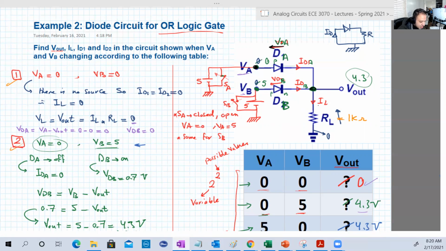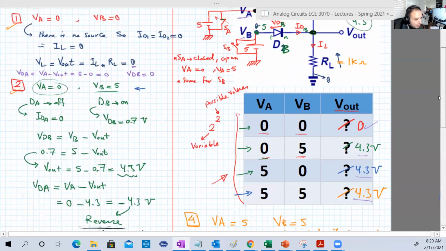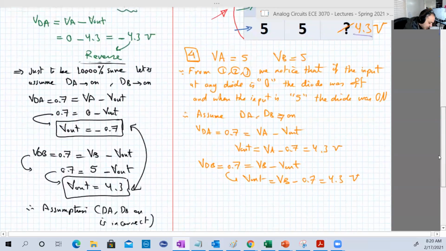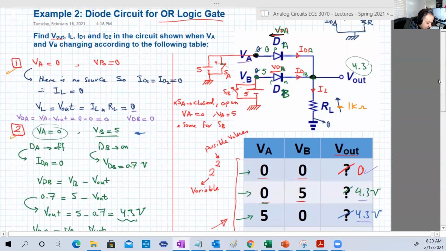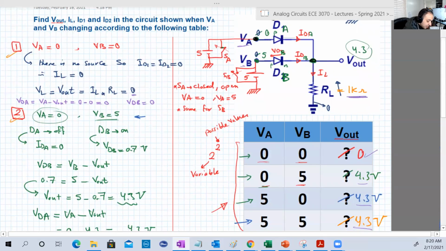The second observation regards your homework. It's not a big remark, but whenever you know the resistance value, which here is 1 kilo ohm, you can determine IL easily. IL will be the output voltage divided by the resistance.